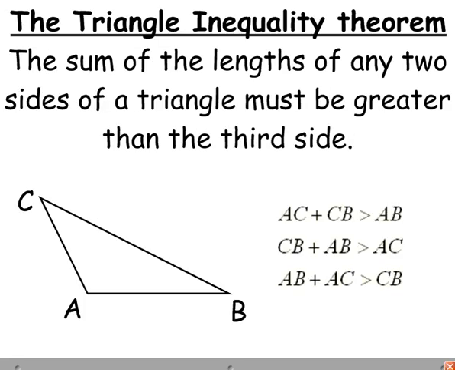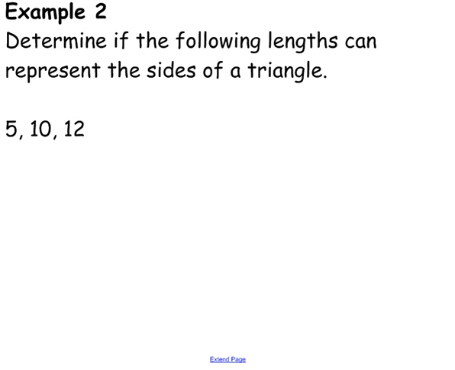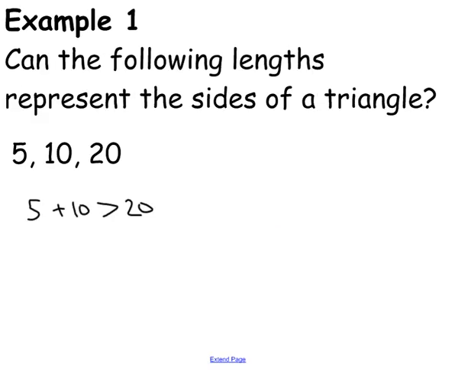And it does say any 2 sides, so we don't stop there. 10 plus 20 has to be greater than 5. And then finally 5 plus 20 has to be greater than 10. So let's go ahead and see if this holds true.